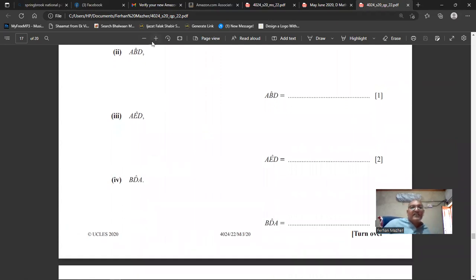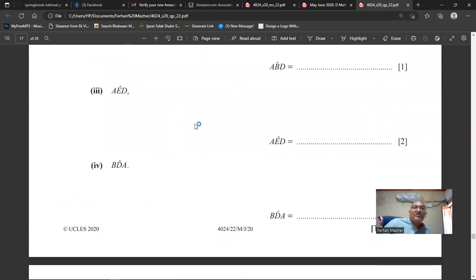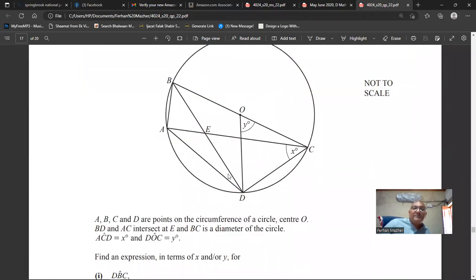So this is the strategy on which we found that angle. Then the question is find out the BDA. They want me to find out the BDA, this angle. Whatever is this angle, same will be this angle.